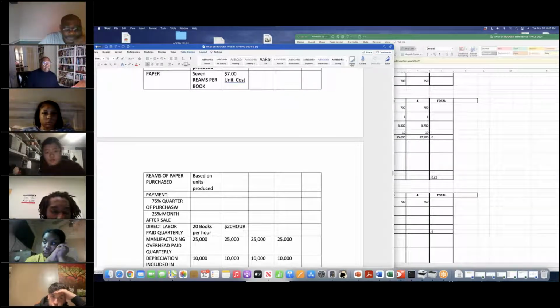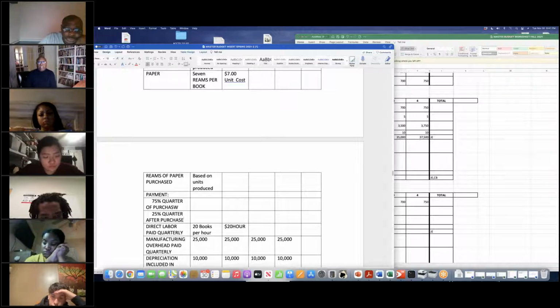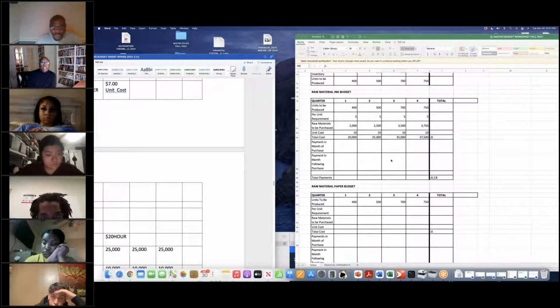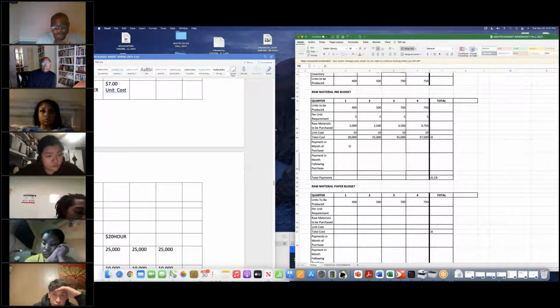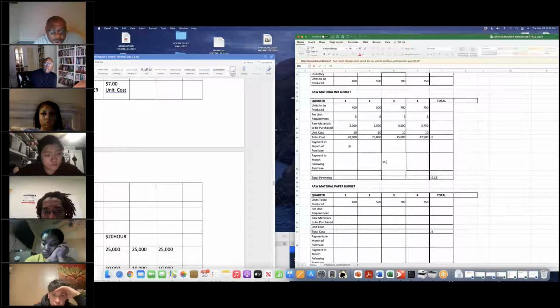Then we pay 25% the quarter after. So if our cost is 20,000, we're only paying how much in the quarter of purchase? 15,000.